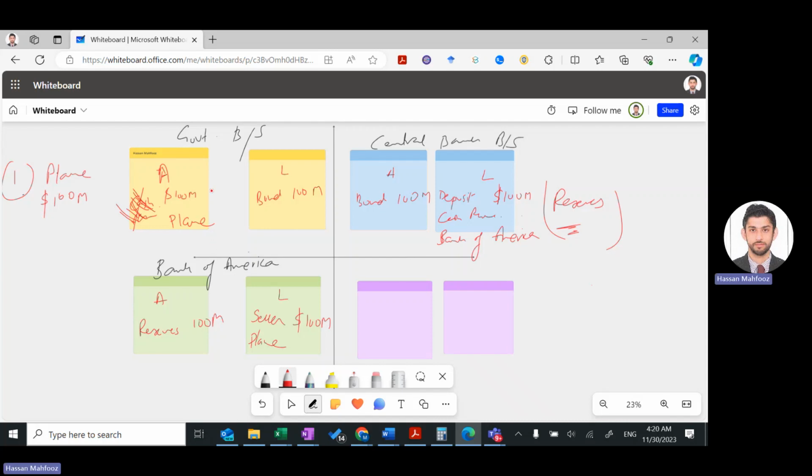So just to summarize what happened, the government now has an aeroplane worth $100 million. It has a liability of $100 million. This liability is an asset for the central bank because the bank produced this cash and purchased this bond of $100 million. And then initially this reserve or this deposit was a liability towards the government.